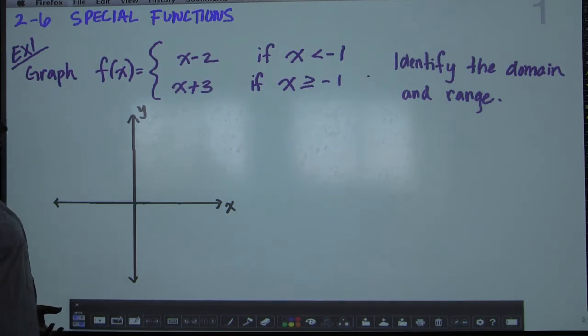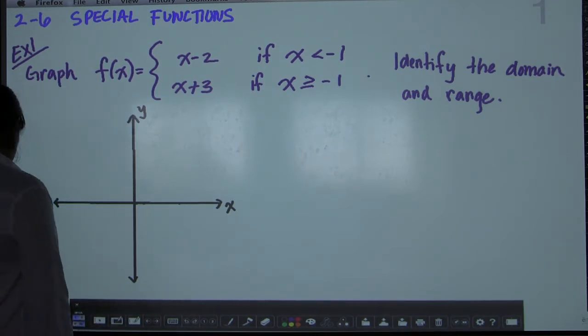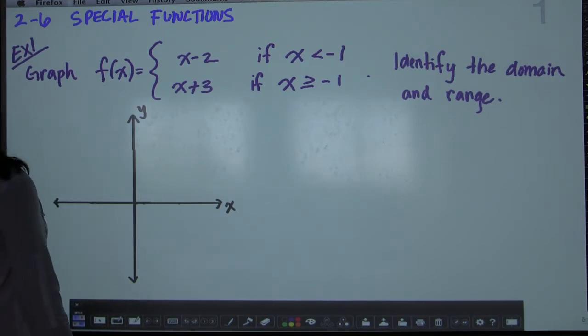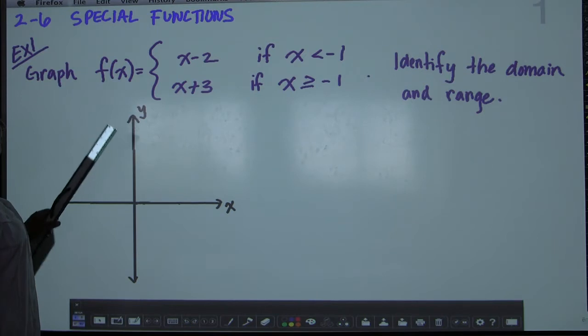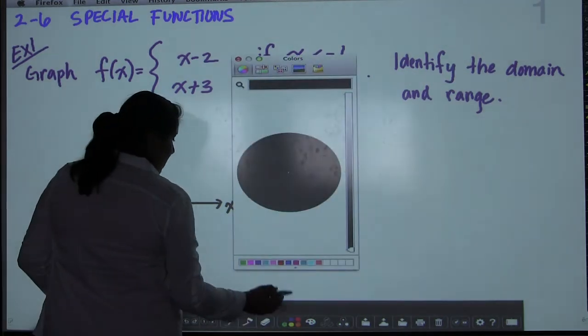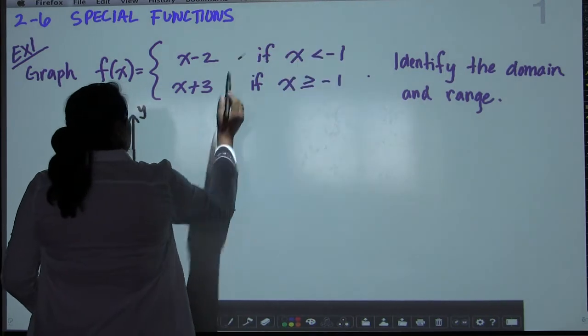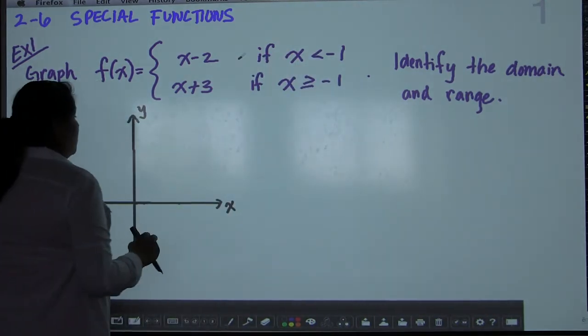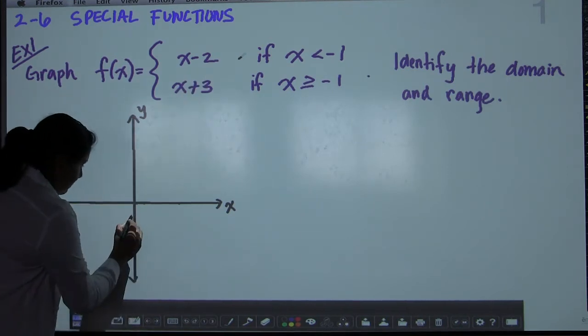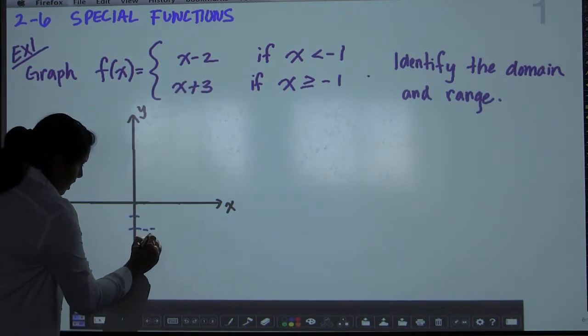Now you will recall the vertical line test. I want to show you some things that we're not talking about here. For example, let's say I want to graph y equals x minus 2. This is a very basic y equals mx plus b equation, and with y equals mx plus b, negative 2 is the y-intercept, so I come down to negative 2 on the y-axis.